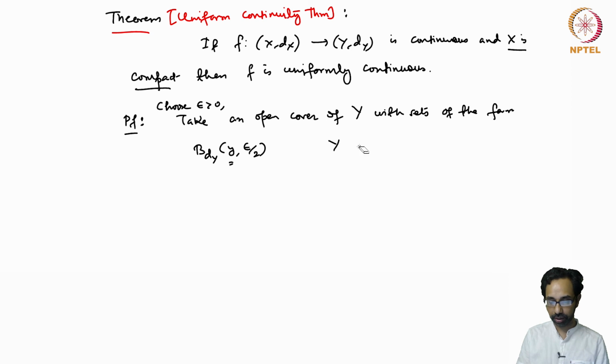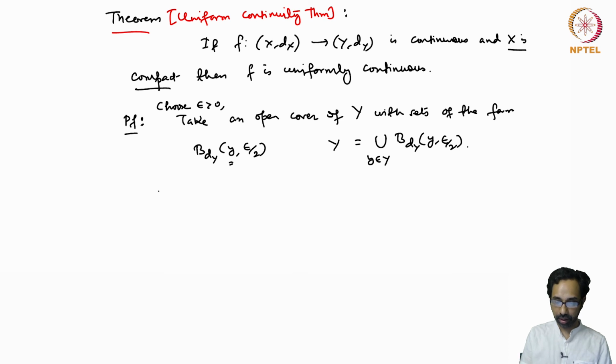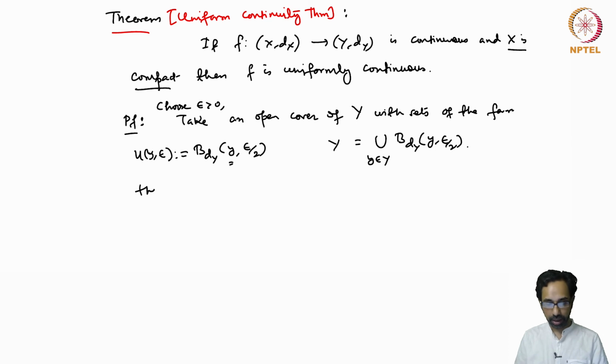So Y is actually a union of all these open sets indexed over Y. Let me call these sets U(y, epsilon).